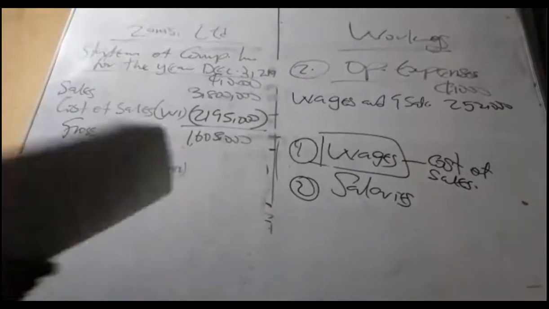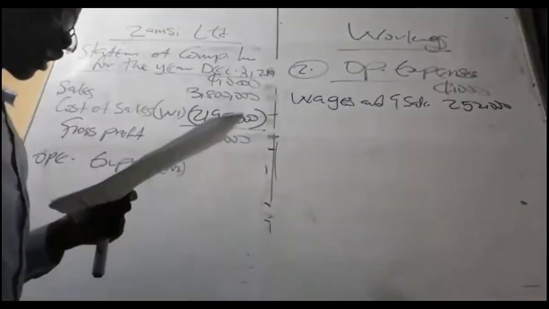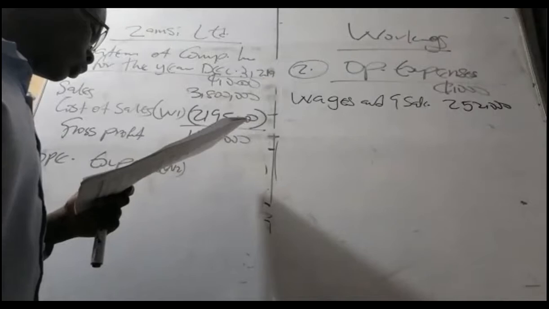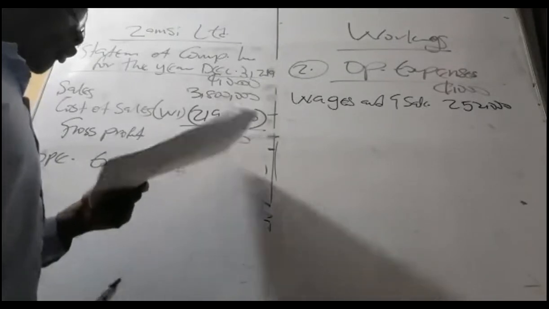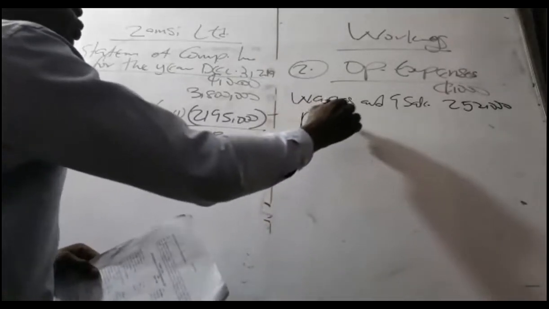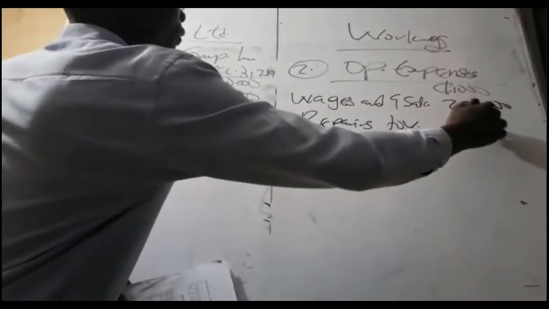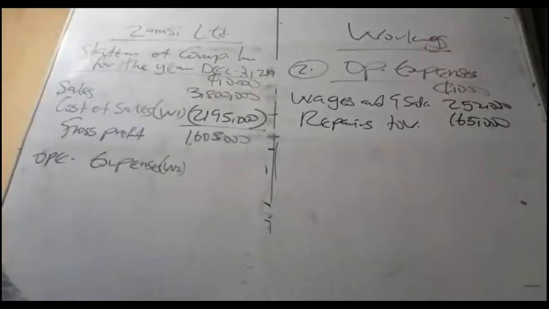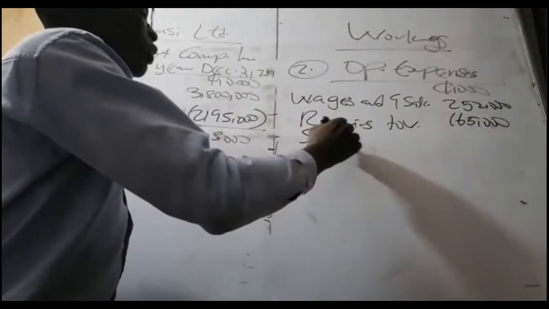So let's continue. So from wages and salary, we have repairs to van, 165,000. The next item on the list happens to be sales promotion. That was 45,000.